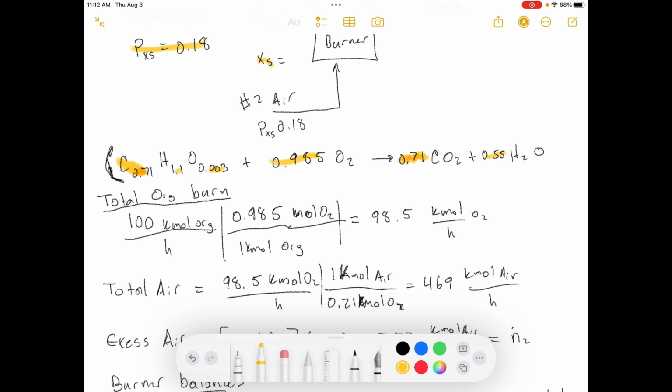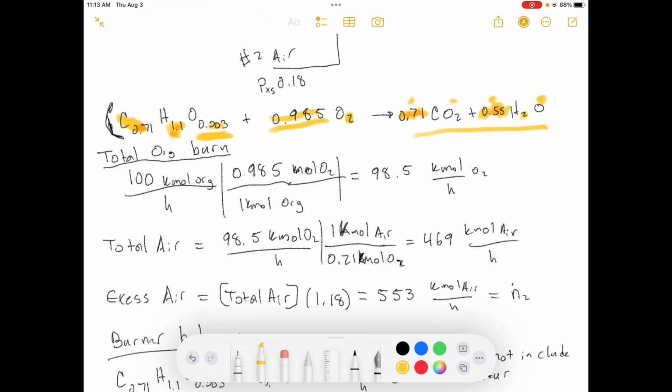Then you balance the hydrogen. There are 2 hydrogens in water, so this is divided by 2. And then you balance the oxygen. You say how much oxygen is over here. Well, we have this much times 1, and then we have this much times 2. You add all that together, and then you divide it by 2 over here after you subtract that out.